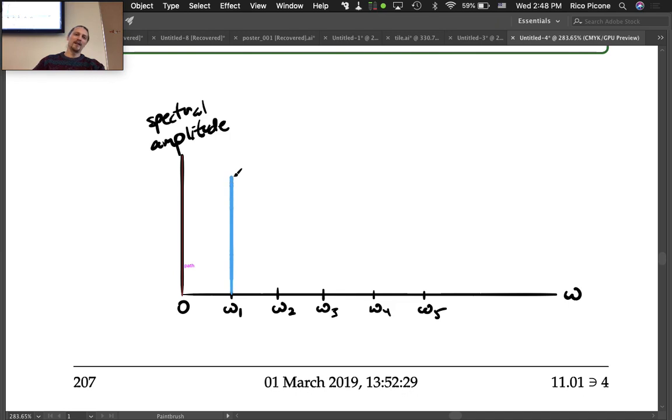Omega 1 was C1, right? Which is like 4 over pi. And, oh, I forgot that C0 is 0, right? Omega 2, C2 equals 0. Omega 3, it's like a third of the height, so that's C3 equals 4 over 3 pi.